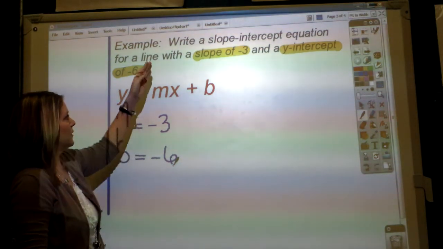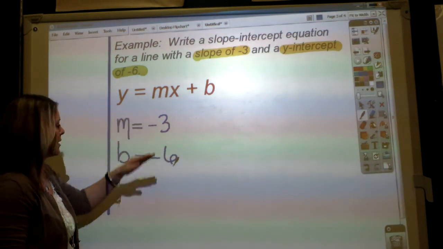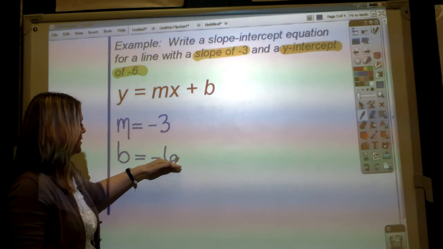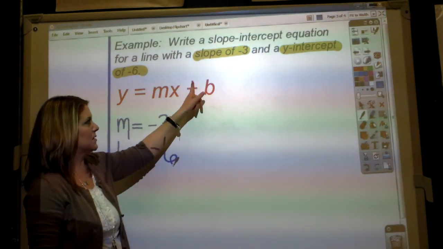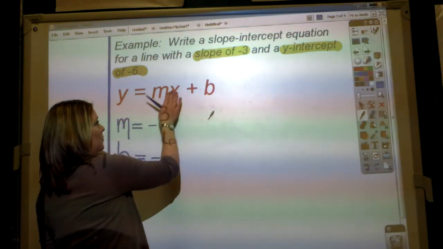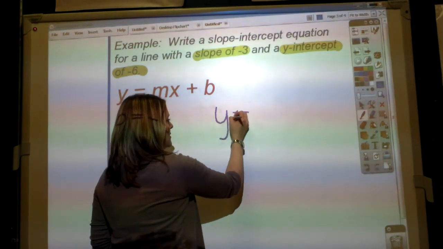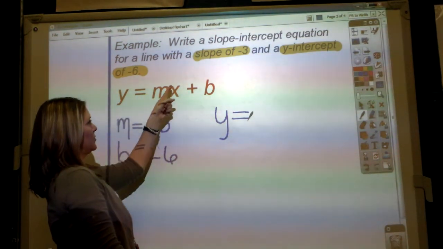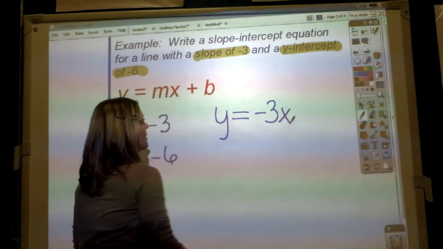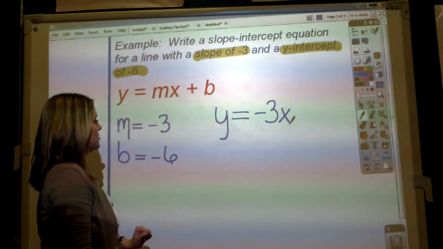All we need to do to write this equation is take that -3 and put it in place of m, and take the -6 and put it in place of b. So let's write our equation with our new pieces of information. Y is going to be equal to the slope times x, so that's -3 times x, and then plus our y-intercept.